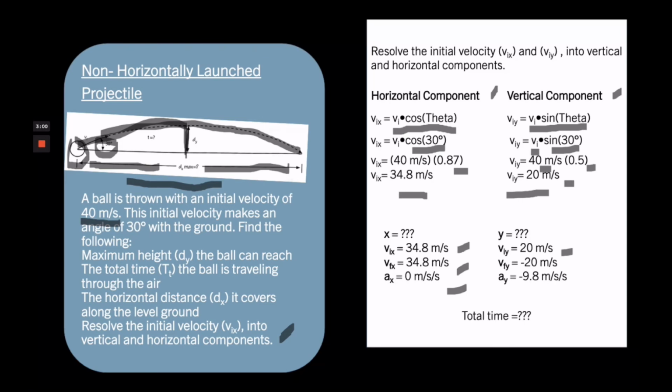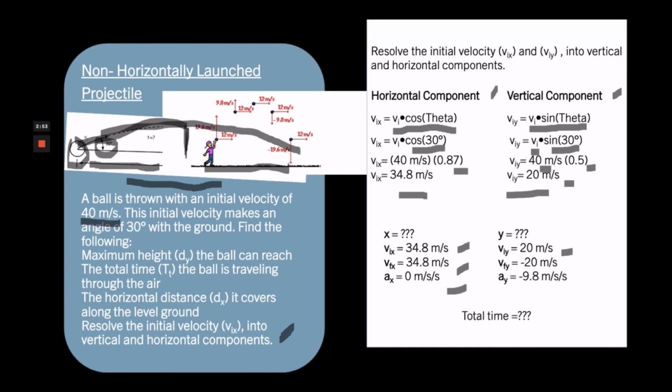This is actually because of the symmetrical nature of a projectile's trajectory. You may check this illustration here. So that's the reason why our final velocity is negative 20 meters per second, because of the symmetrical nature of projectile trajectory. And of course, our acceleration would still be constant at 9.8 meters per second squared, and the negative here indicates the direction, which is going down.